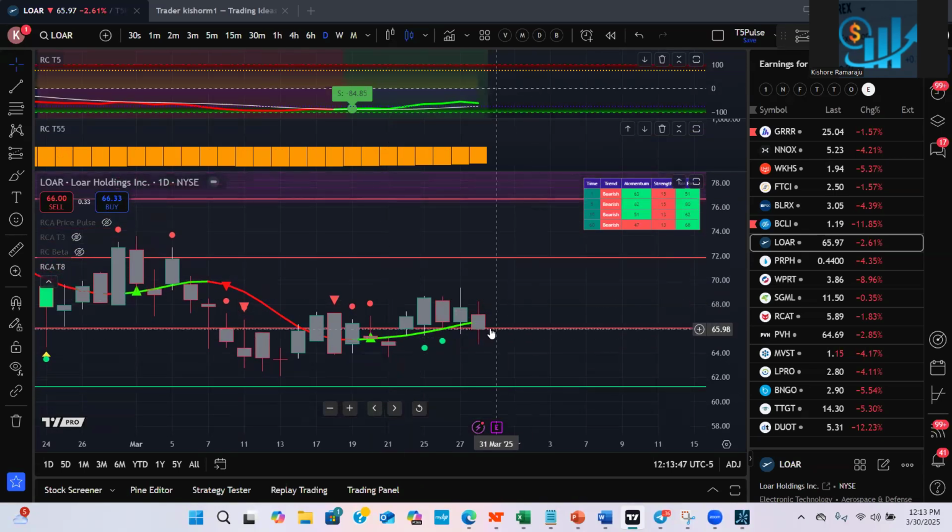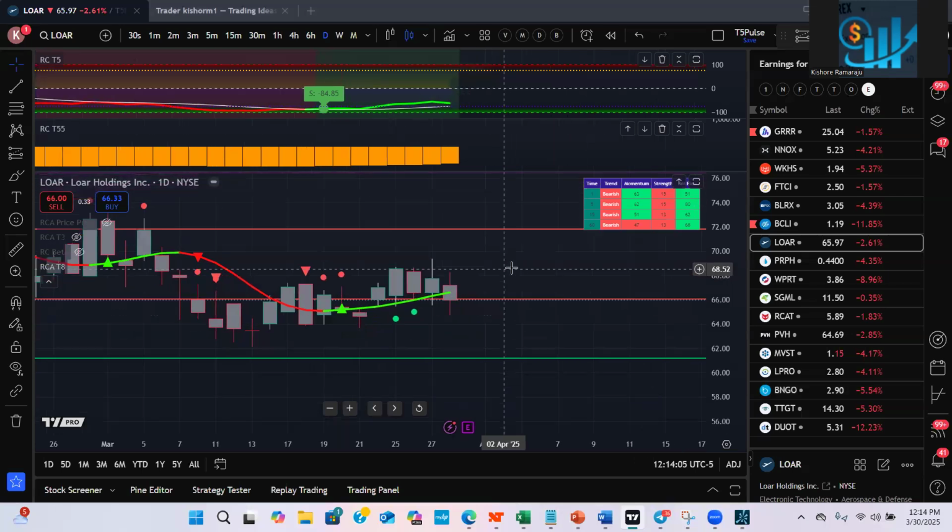So here it is close to a resistance. So what do you think can happen to this particular stock?